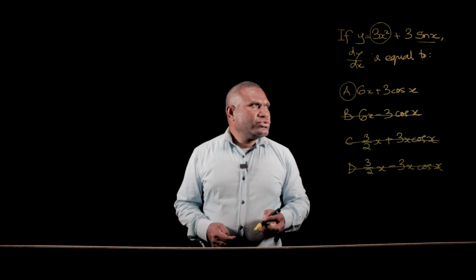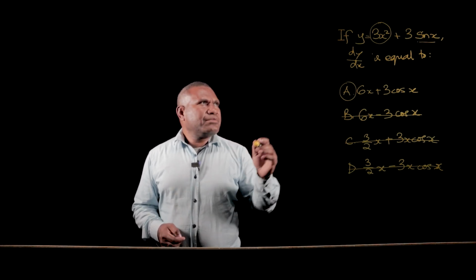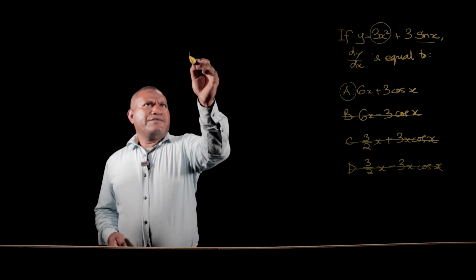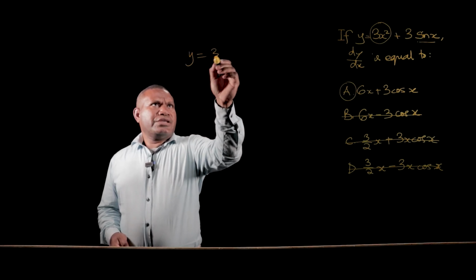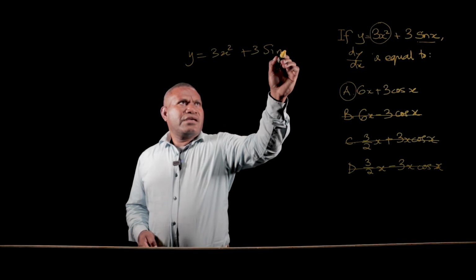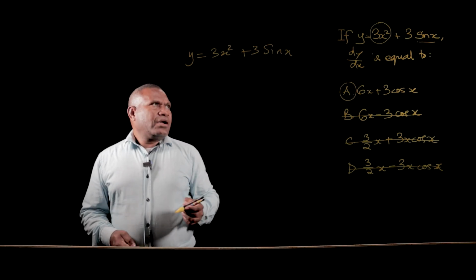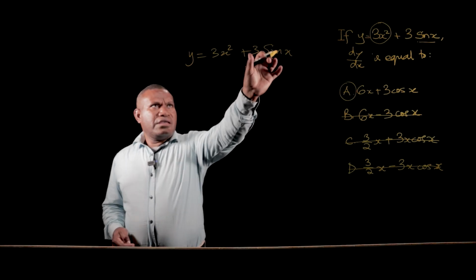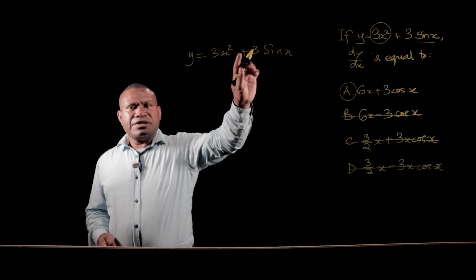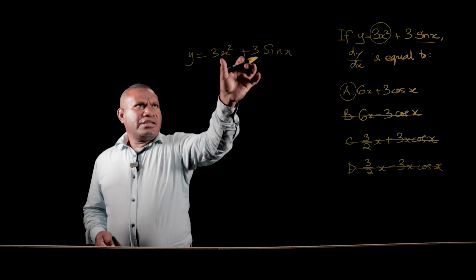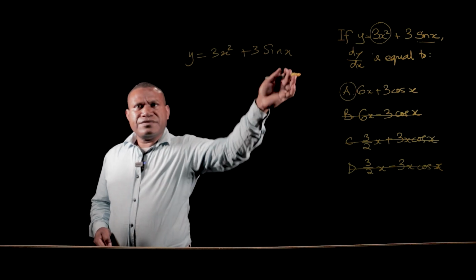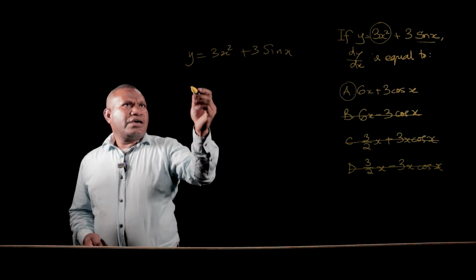Now we're going to prove our answer by applying the rules that we have just stated. If the function is equal to 3x squared plus 3 sine x, if you see expressions separated by a plus or minus, then each of these expressions is called a term, so we can differentiate each of the terms using the rule of differentiation.